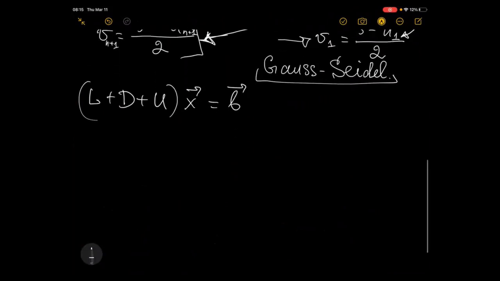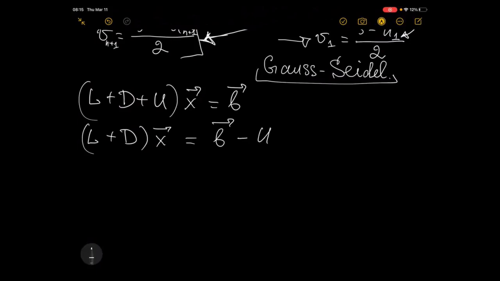And now I will leave L plus D here, and here will be b minus U x.